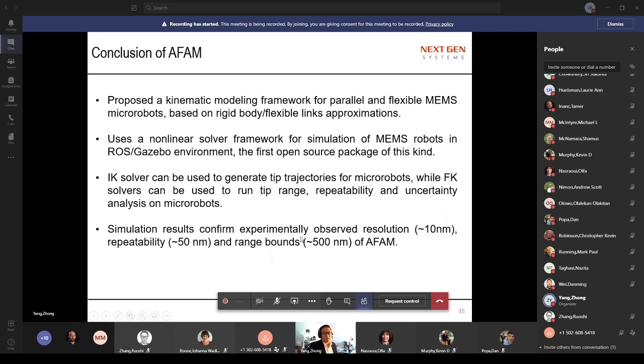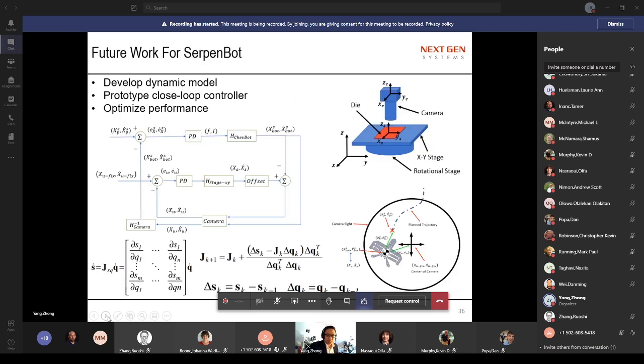For AFM, I have modeled the system, the forward kinematics and inverse kinematics, and also developed those in the ROS Gazebo environment with C++. And through this simulation environment, we have studied the performance of this microrobot.